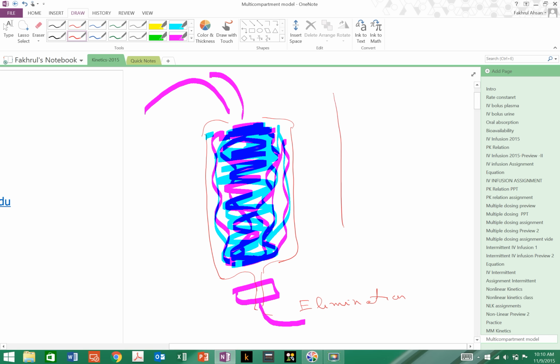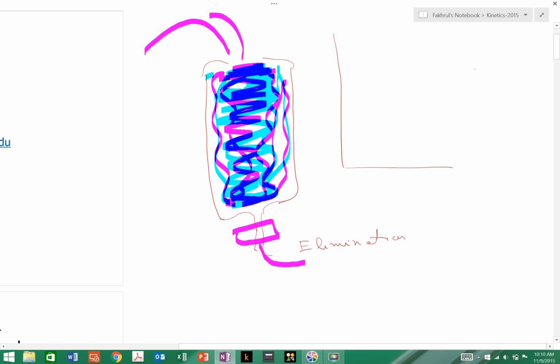The concentration of the dye in the tank is decreasing in an exponential fashion.